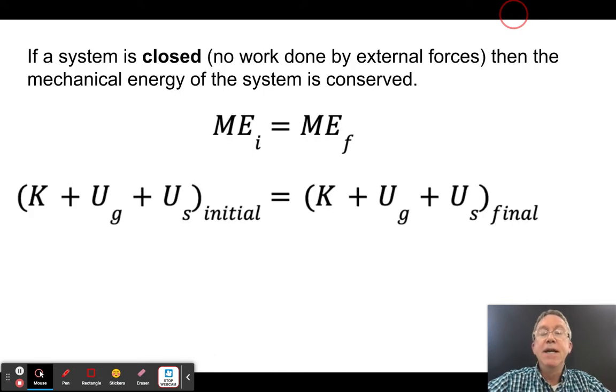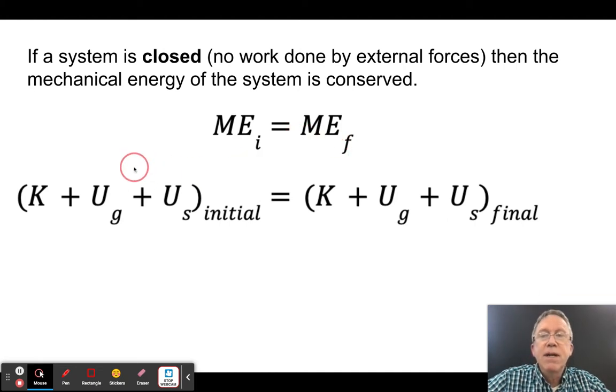Okay, so let's start off with what we've been looking at before, a closed system. If a system is closed, that means there's no external work being done by outside forces, no external forces adding to or taking energy out of our system. So therefore, the mechanical energy of the system is going to be conserved. That means that the mechanical energy I have initially is going to equal the mechanical energy I have finally at the end. All right.